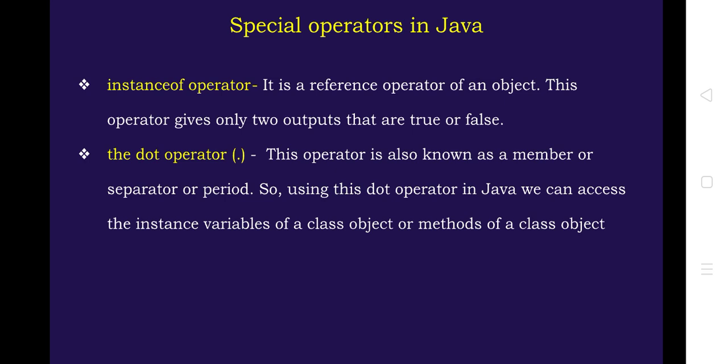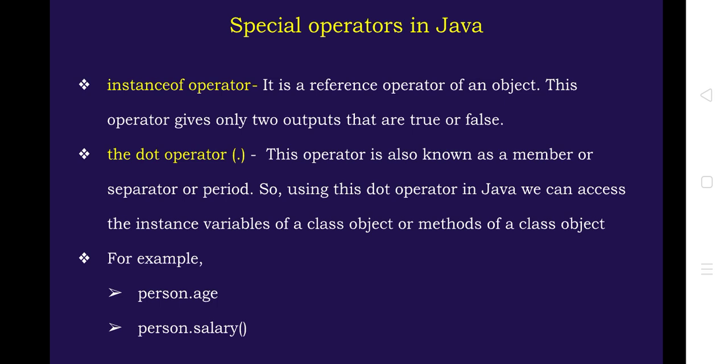This dot operator is also known as the member operator, separator or period. Using this dot operator in Java, we can access the instance variables or methods of a class or object. For example, person.age. Here person is the class and age is the instance variable. Likewise person.salary, where salary is the method.